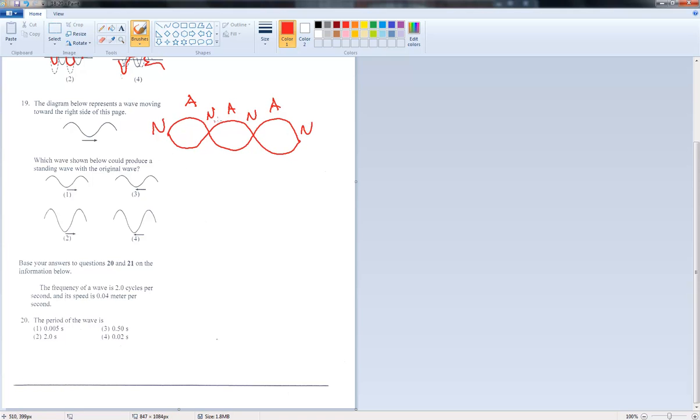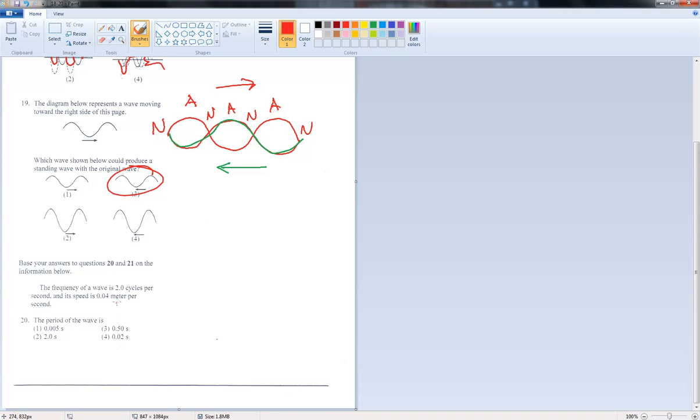In order to be a standing wave, really what it is, it's two waves that are equal in amplitude, equal in frequency, equal in wavelength, but the only thing different is that they're in opposite directions. The green wave is that way, the red wave is that way. So to be a standing wave, everything is equal except for the direction, so it's got to be 3. Because that's the same as this wave, it's just opposite direction.